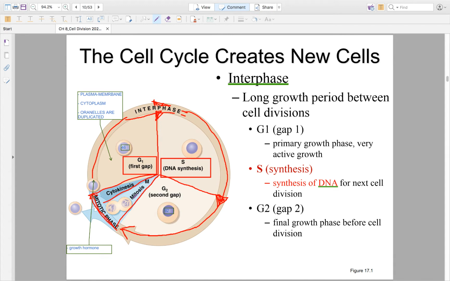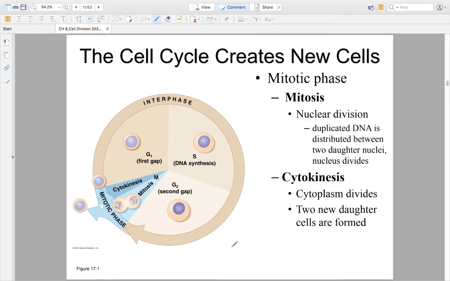It's tiny. It's this little tiny sliver in this big cycle. So I want you to know the cycle completely, every single part of it, and what is happening in each phase. Now let's look a little closer at the mitotic phase.